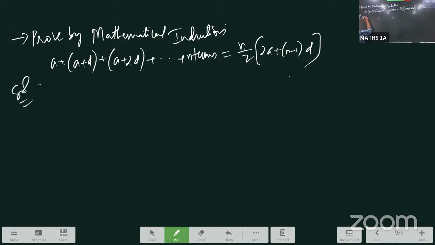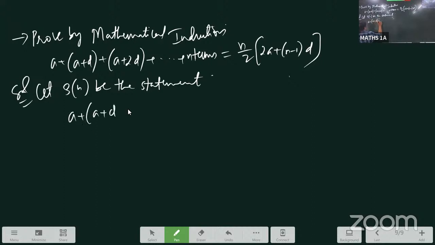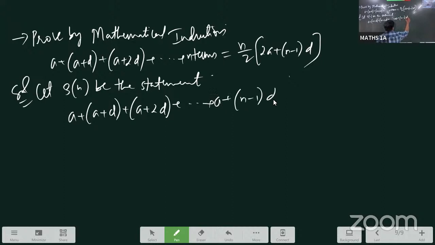So let S of n be the statement: a plus d plus a plus 2d plus so on plus nth term, which is missing here. Your nth term is nothing but a plus (n minus 1) into d, which is an arithmetic progression.